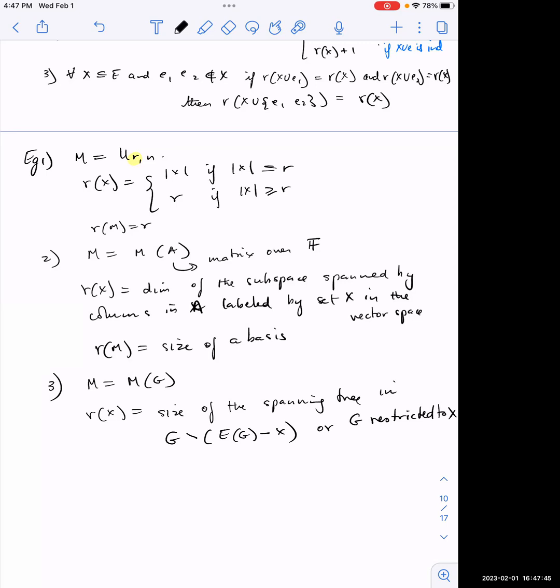And it's basically the number of vertices minus 1.